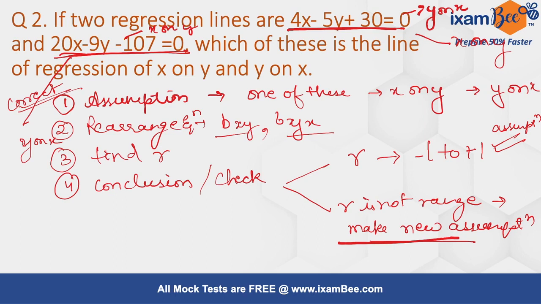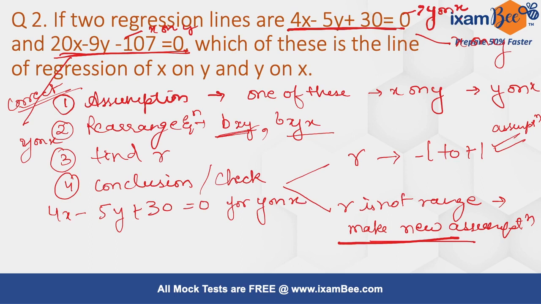Let me just show you how to find the value for one of these coefficients from one equation. If you are assuming 4x minus 5y plus 30 is equal to 0 for y on x, how to find the value for the regression coefficient?